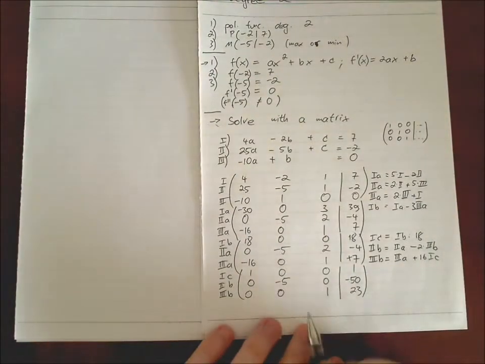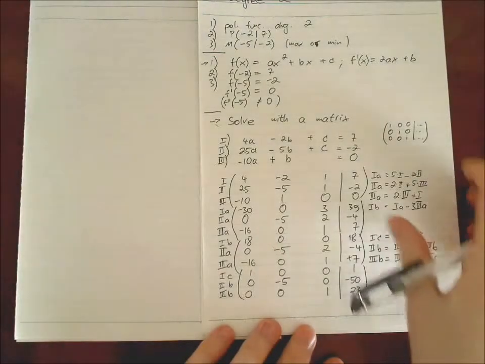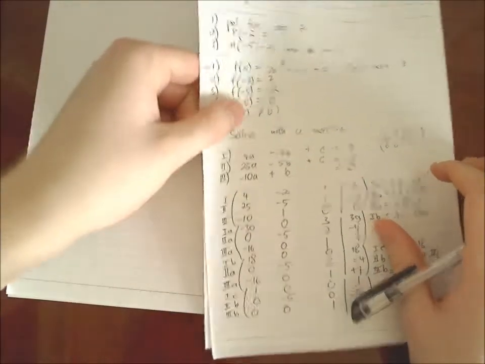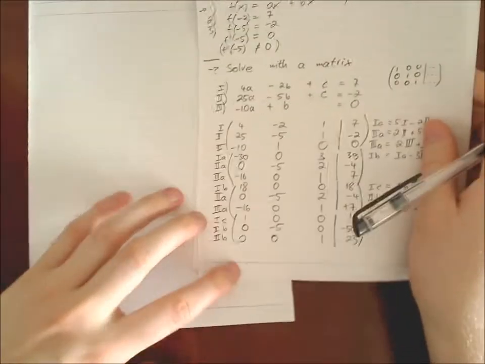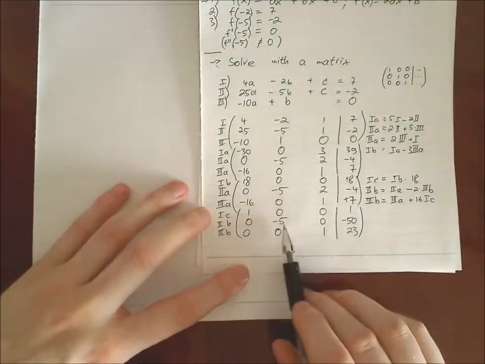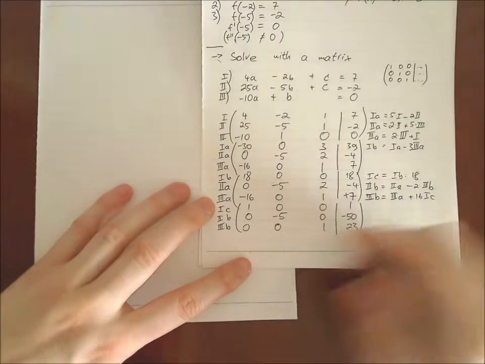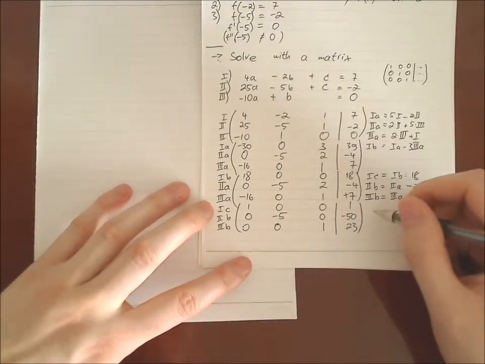Then we almost have it. Here we still see we have minus 5, minus 50, and so we should divide by minus 5 again, so we end up with a 1 in the second position, and then we know what the second variable is.